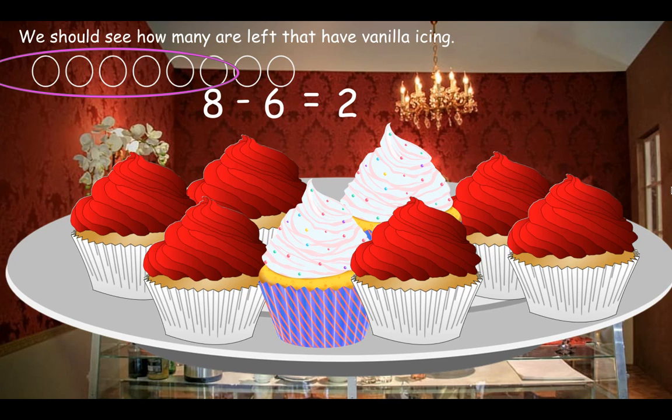We can see it in the picture of the cupcakes, in my drawing, and in our number sentence. How many circles are left? 2 circles. So that means there are 2 cupcakes with vanilla icing.